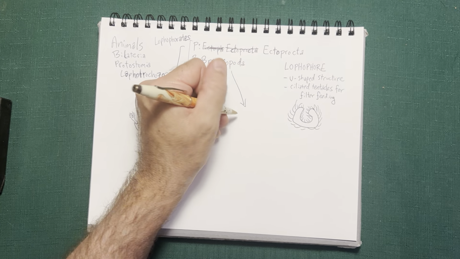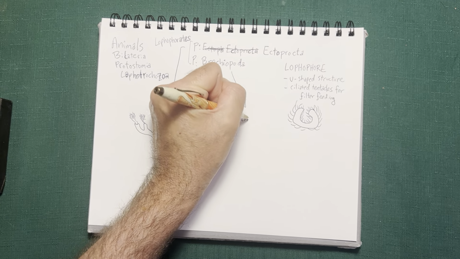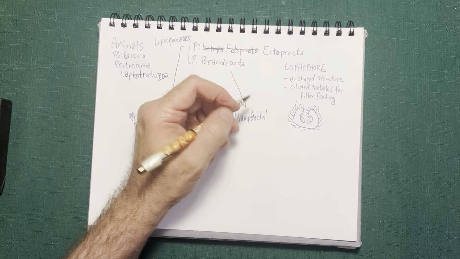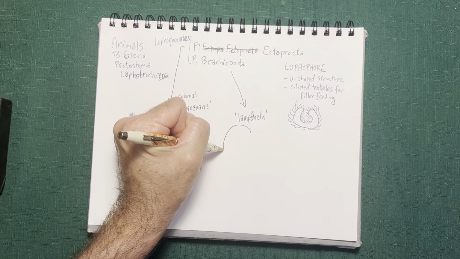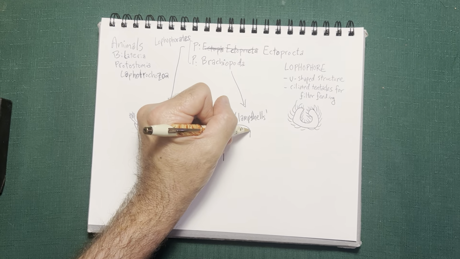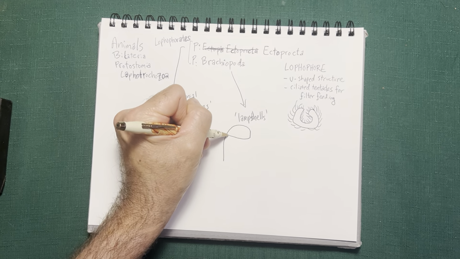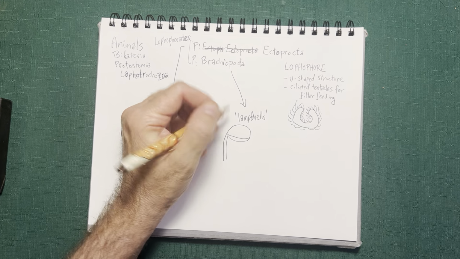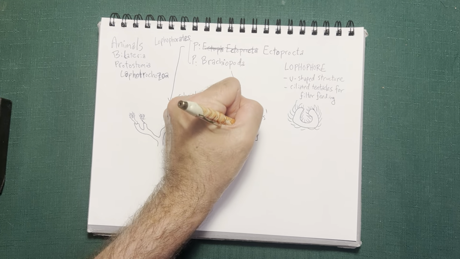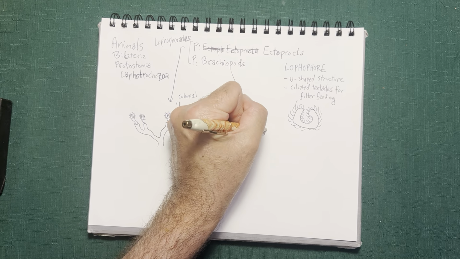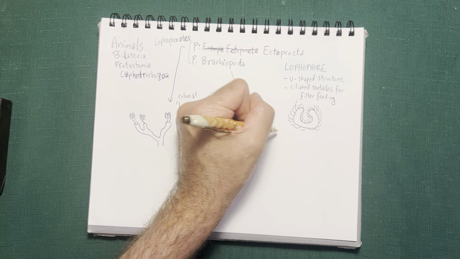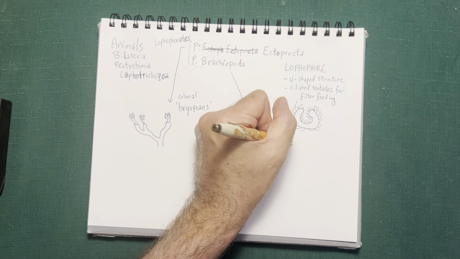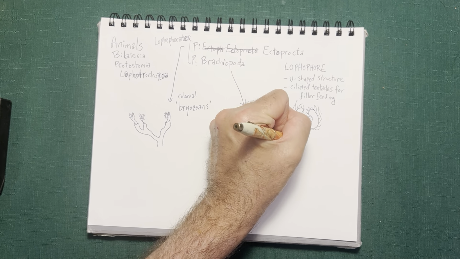Brachiopods, sometimes referred to as lamp shells, because somebody looked at one that reminded them of one of those old-timey banker's lamps. So they actually do have a shell or a pair of valves, but they are not bivalves.